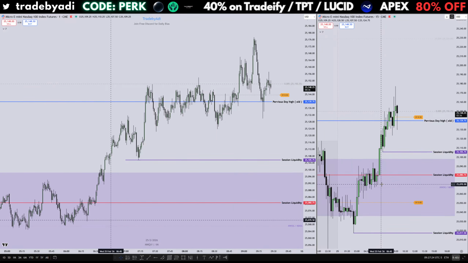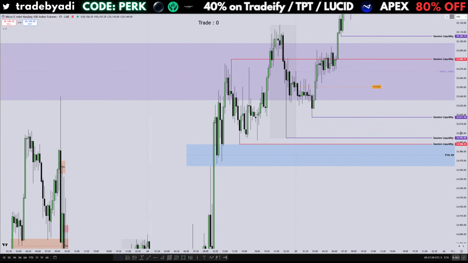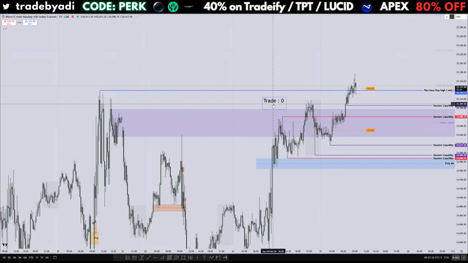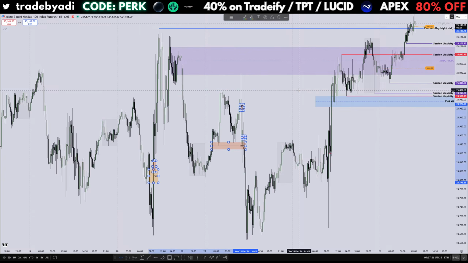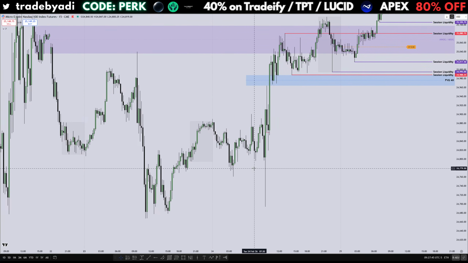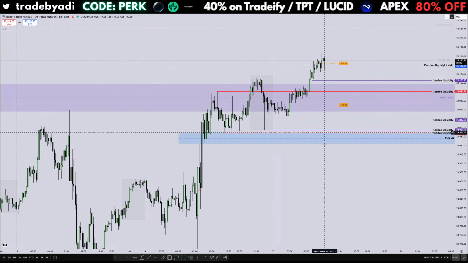And we also have the failure swings, if you see over here on the 15 minute. If you check this, we have taken out this sell side liquidity, the minor sell side liquidity, and we have a big expansion.